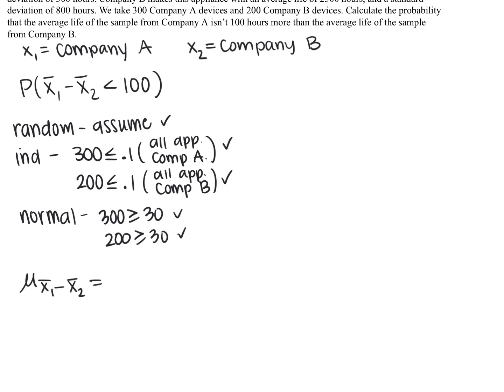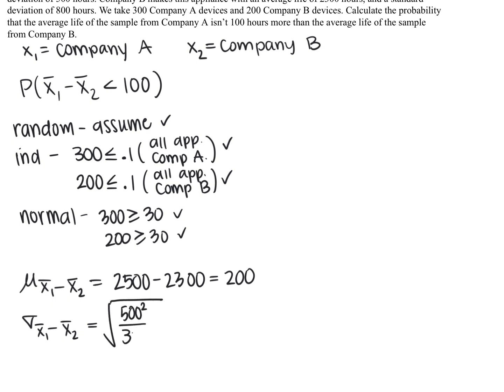So we're going to do 2,500 minus 2,300, which is going to give us 200. And then for our standard deviation, we're going to do the square root of 500 squared over 300 plus 800 squared over 200. And we're not going to get an exact standard deviation here. We're going to end up with 63.51.